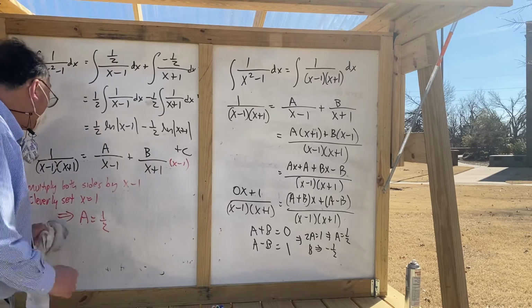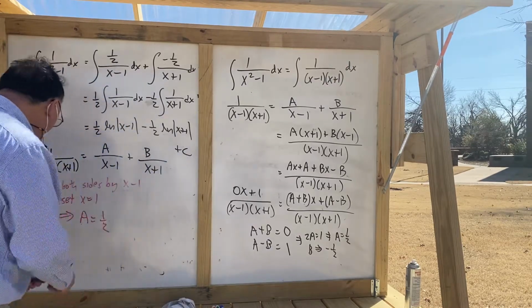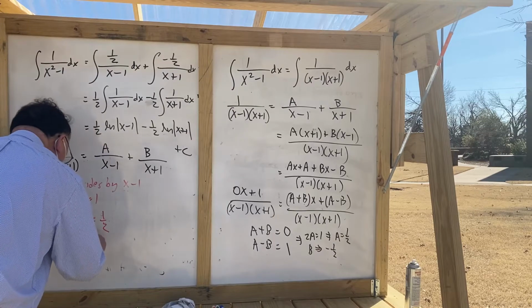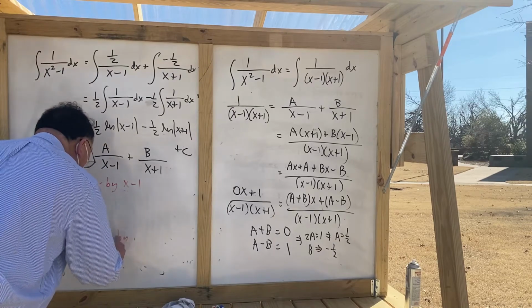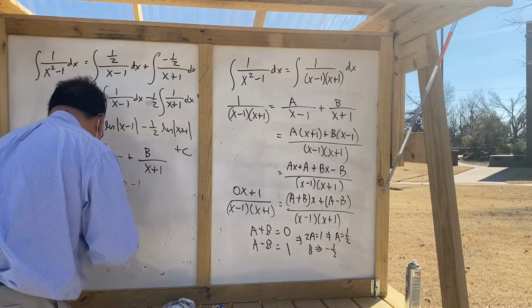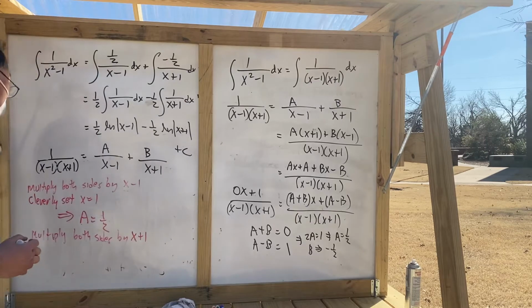Okay, let's do b. I'm going to multiply both sides by x plus 1.